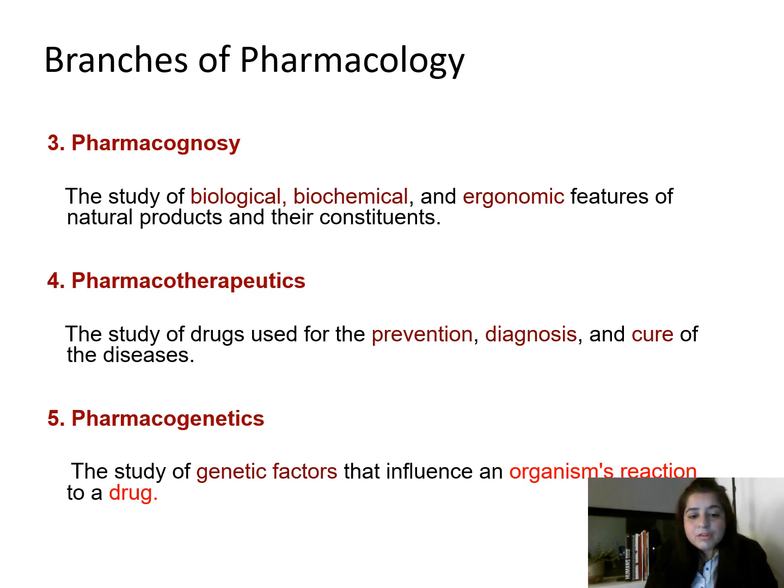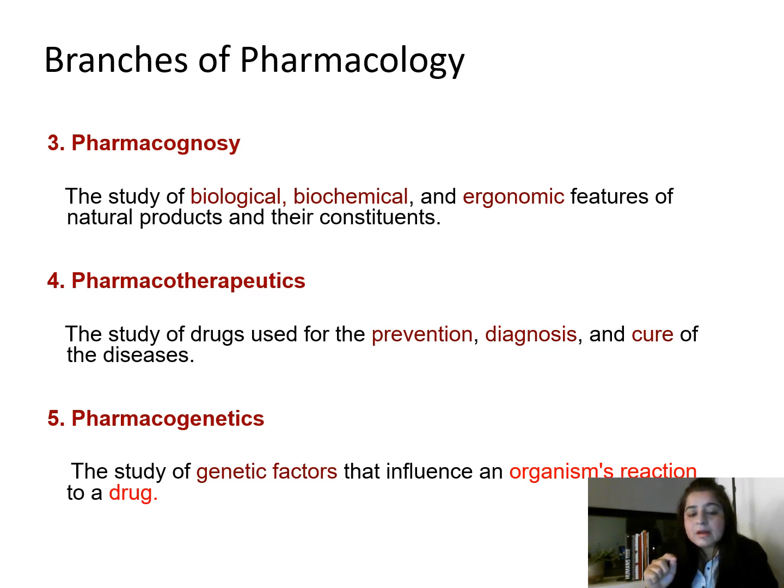The other branch of pharmacology is pharmacogenetics. In this branch, we study whether a drug, or a chemical substance that we call a drug, is bringing any change in the genome of a living being.